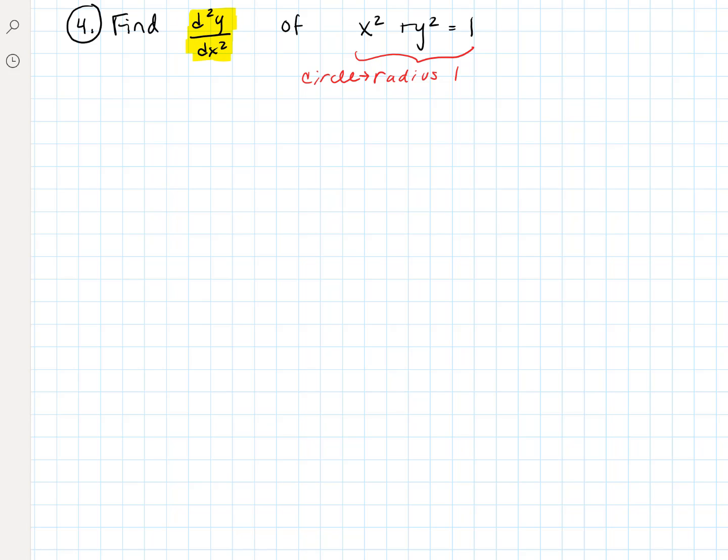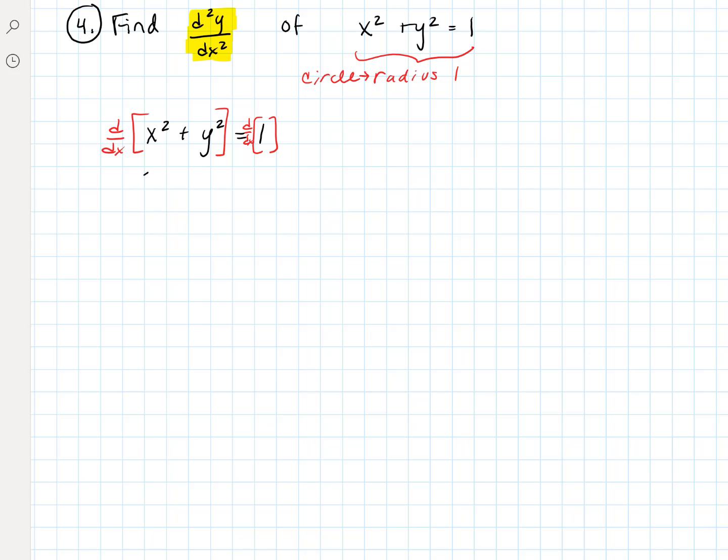If we want a second derivative, we have to start by finding the first derivative. So how do we find the first derivative of something where it's either difficult or impossible to write it explicitly, or it isn't given to us explicitly as y a function of x, or vice versa? We do it implicitly. And as we take the derivative, we remember we're thinking of y as a function of x.